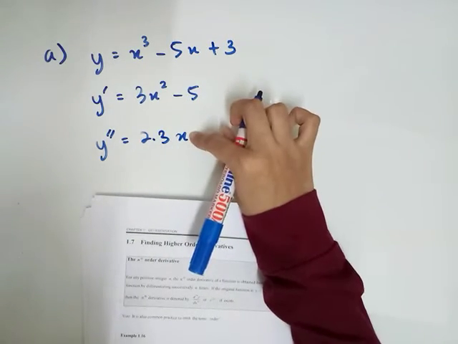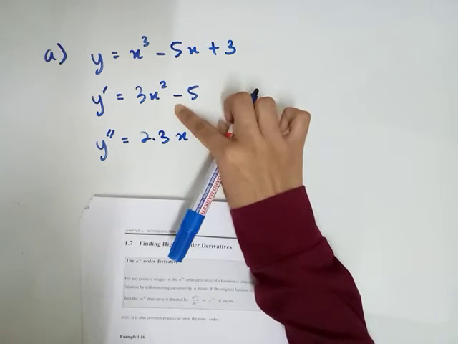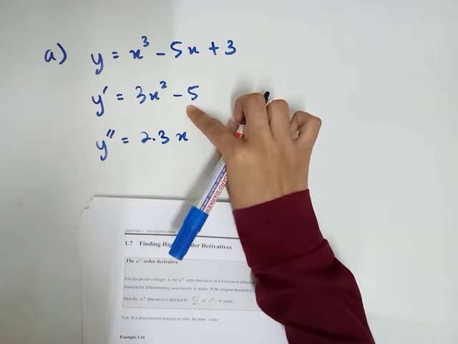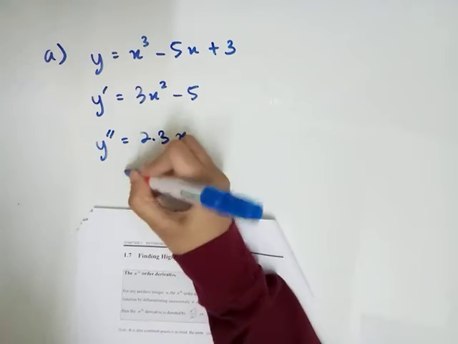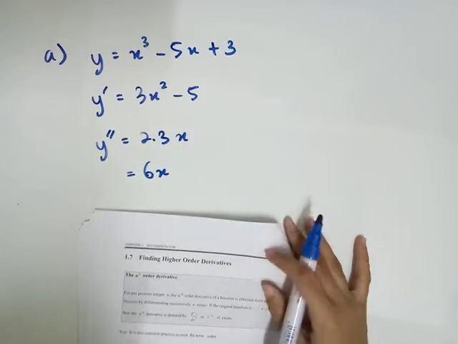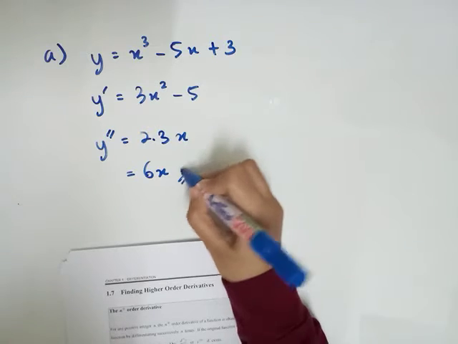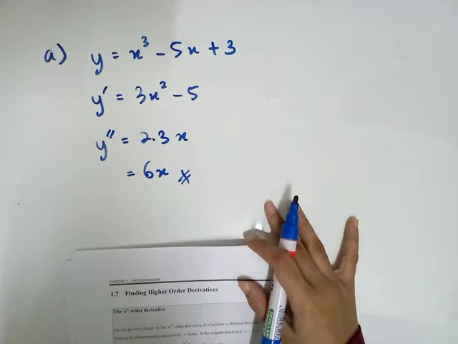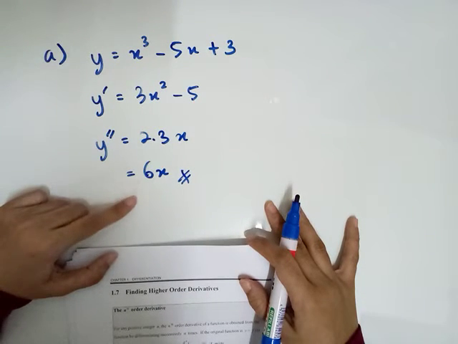Then differentiate negative 5, you get 0. So 2 times 3, you get 6x. So this is the answer for the second order derivative.